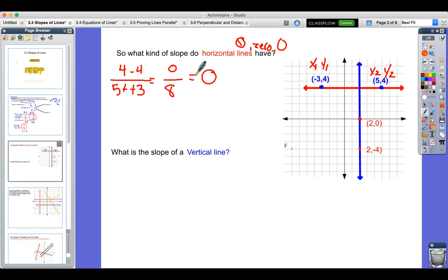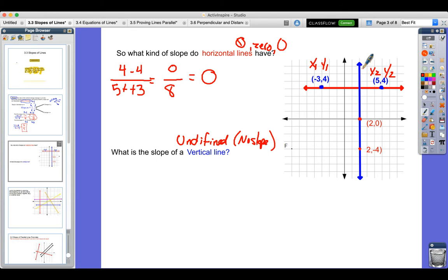That's why you always have zero slope. Zero is a value. So the slope of this horizontal line is 0. Now a vertical line is called undefined, where you see it defined, or you might also see it as no slope. And we'll see why.